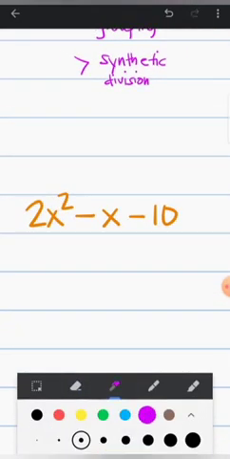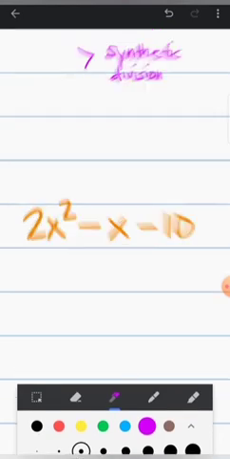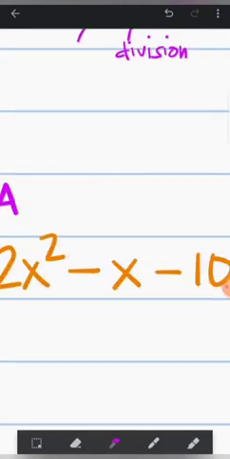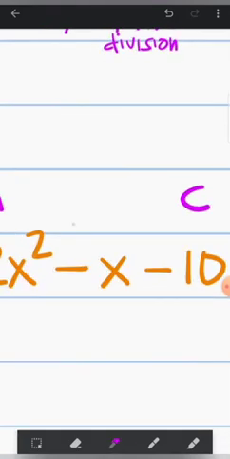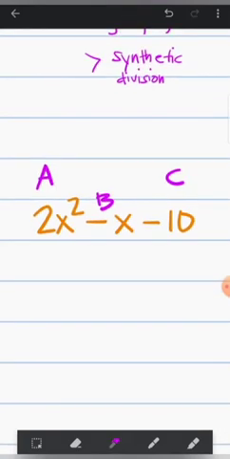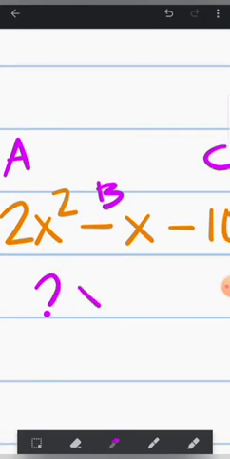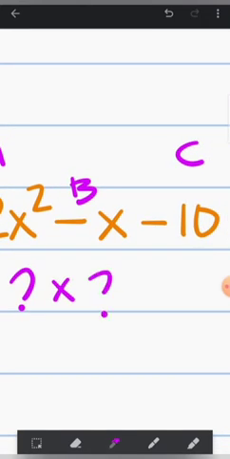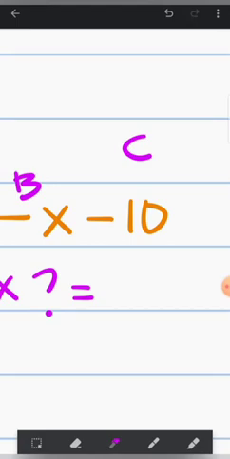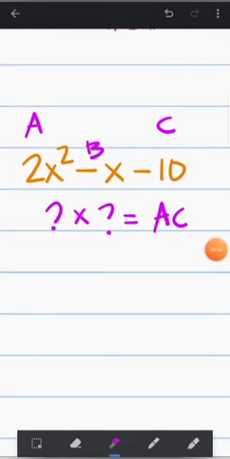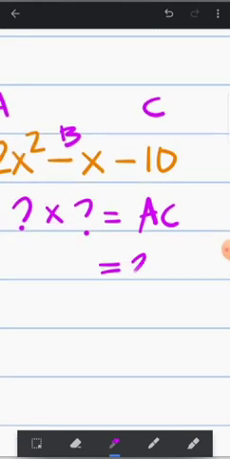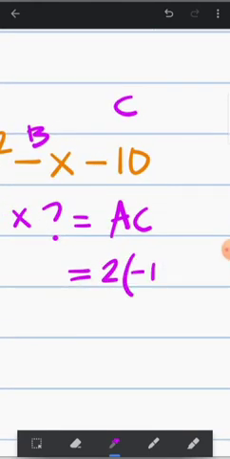So the technique here is what they call the AC method. Determine what's A, what's C, and what's B. All you need to do is find two numbers that will give us the product of A and C. In this case, A is 2 and C is negative 10.